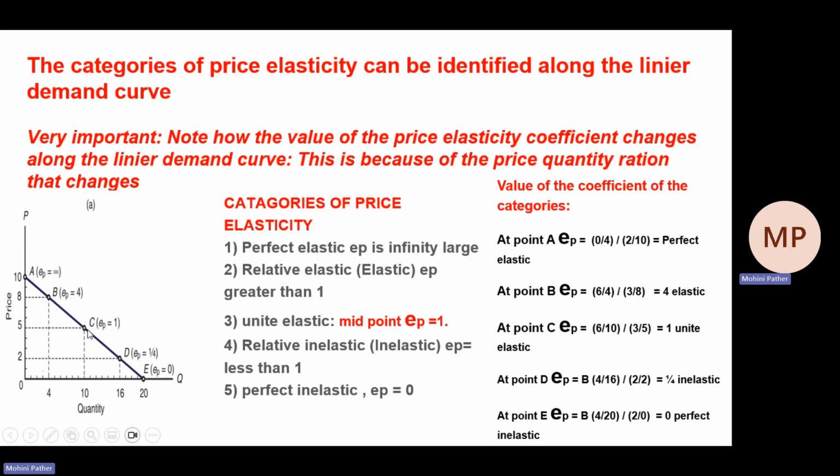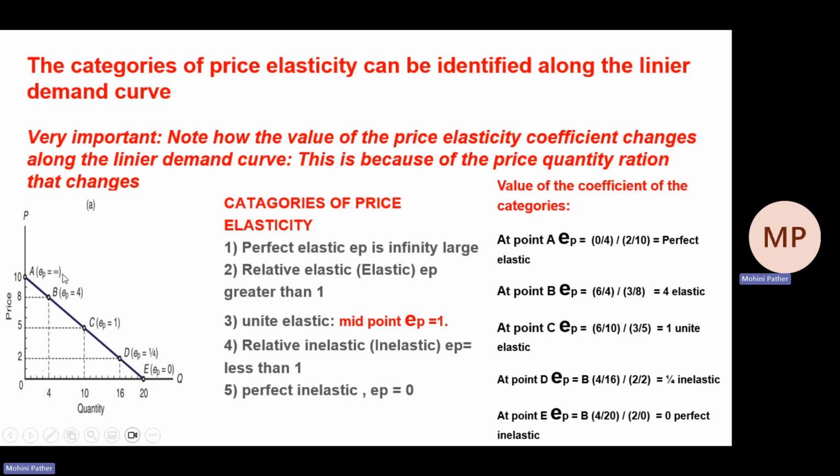Right here, you can see at point C, we have unitary elasticity. That is when the elasticity coefficient equals 1. So a 1% increase in price will result in a 1% decrease in quantity demanded.